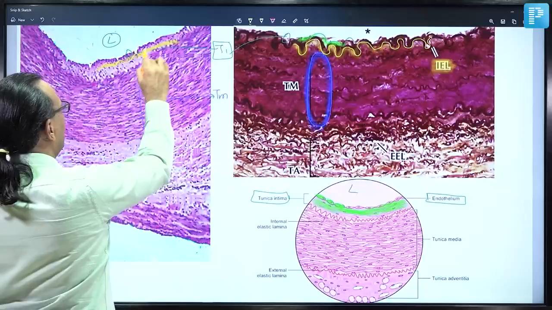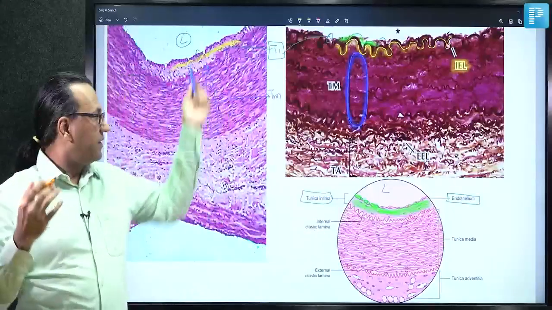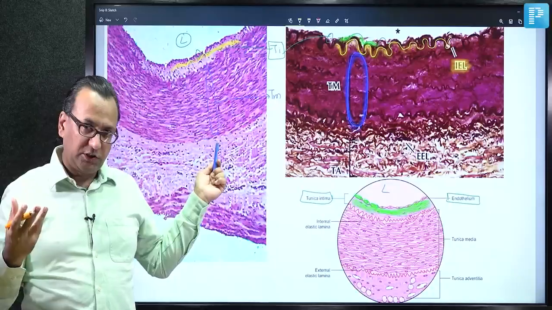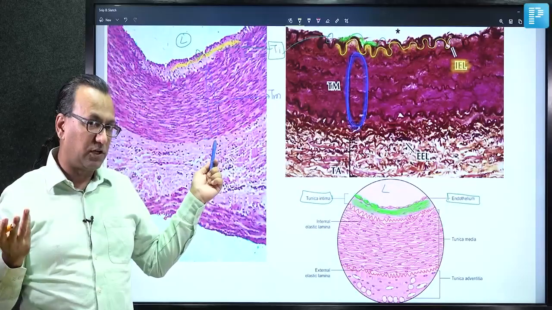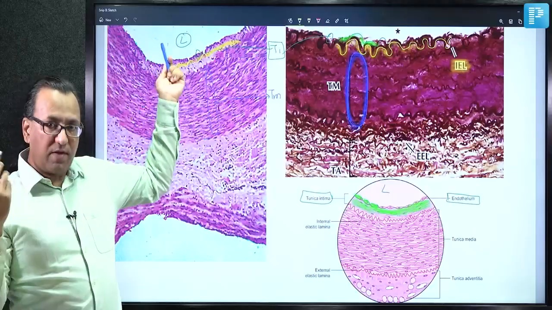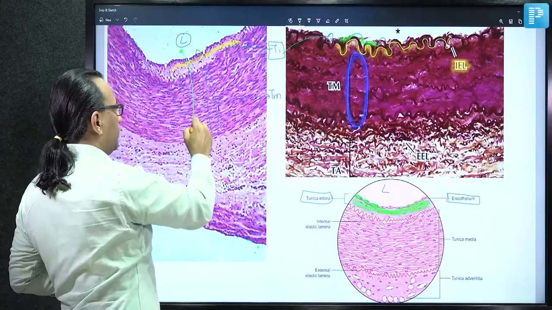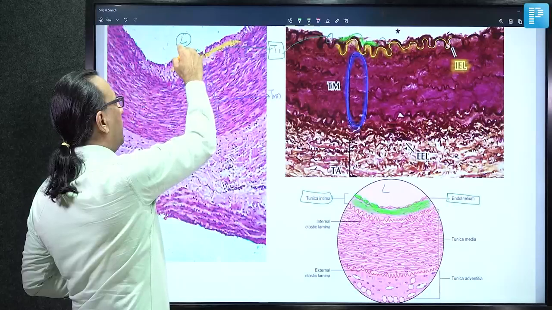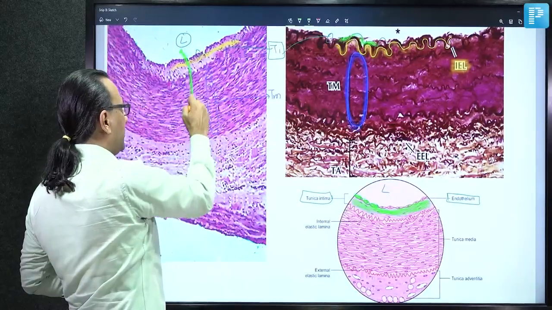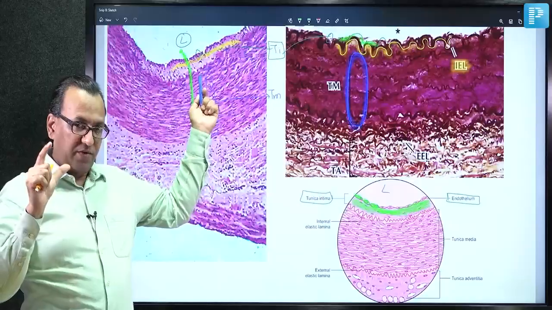And why do you need fenestration? Because it is understood the blood vessel wall requires oxygen for survival, and that oxygen, which is being carried by the blood cells, the hemoglobin, the RBCs, to be transported to various levels of the tunica intima, media or externa, the internal elastic lamina must be fenestrated.